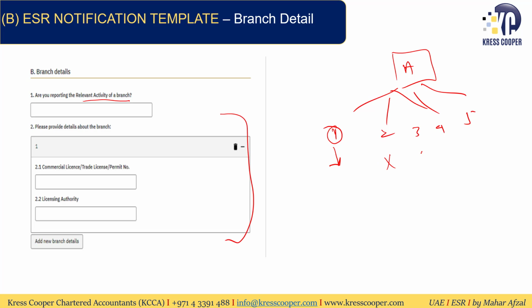If the branches are not earning any relevant income, then these branches will not become part of the notification. So in case a branch is earning any relevant income, we need to mention the relevant activity of the branch, the commercial or trade license number of the branch, and the licensing authority which has issued the trade license to the branch.